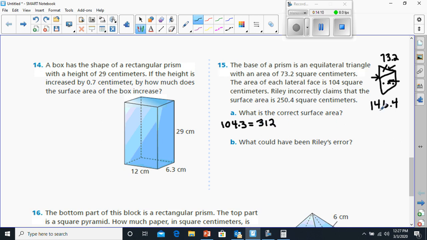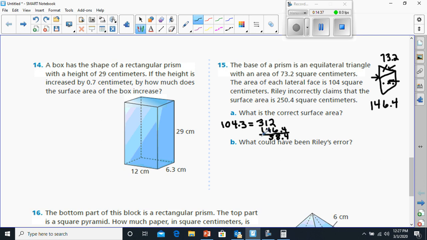Now I've got to take 312 and add it to 146.4. If I do that, I see that I've got 4, I've got 8, I've got 5, trying to be careful with my adding this time.